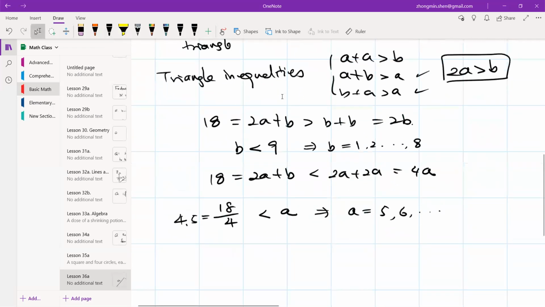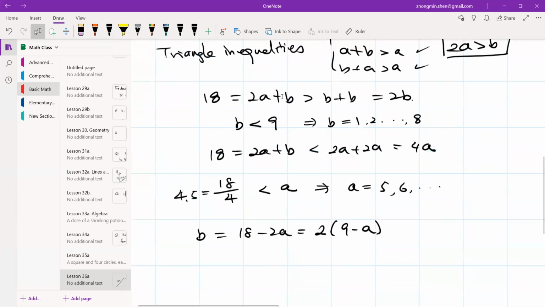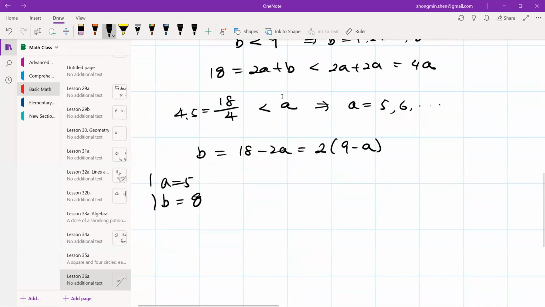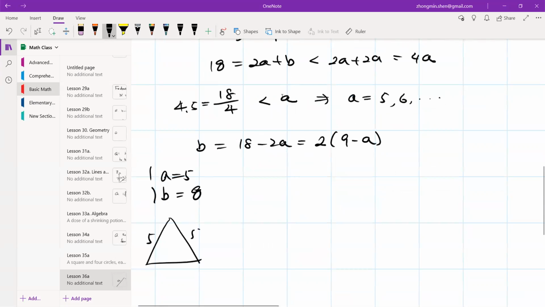So let's look at all the possible triangles you can have. This is the analysis. From the above formula, B equals 18 minus 2A. And clearly A cannot be too large. A cannot be equal to 9. So A starts from 5. When A equals 5, B is going to be 8. That's one triangle you can get: 5, 5, 8.